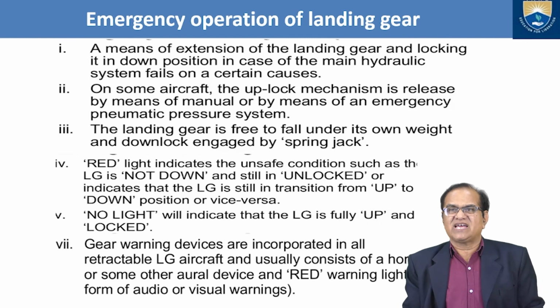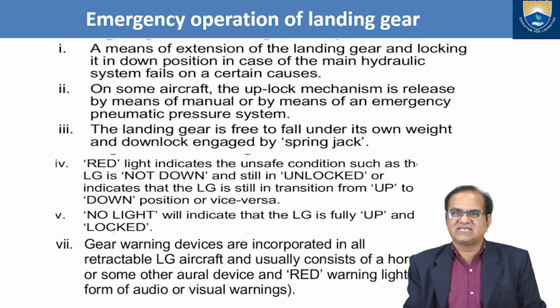Gear warning devices are incorporated in all retractable landing gear aircraft and usually consist of a horn or some other aural device and a red warning light, in the form of an audio or visual warning.